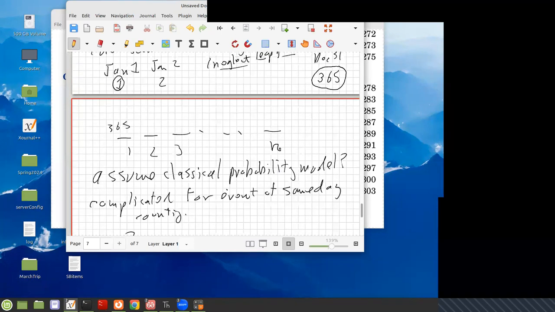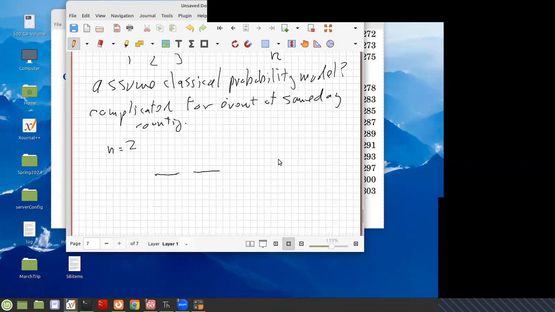Well, I could have 365 days here, 365 here, 365 here. So the number of outcomes that we have, since these are all independent, would be 365 to the nth power, right? So for 2, the sample space size equals 365 times 365, which is a big number, right?